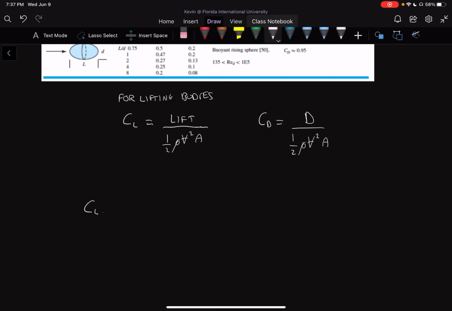So we can say that CL, CD are a function of Reynolds number, just like before for non-lifting bodies, just for straight bodies. But they're also going to be a function of something new that's called angle of attack.